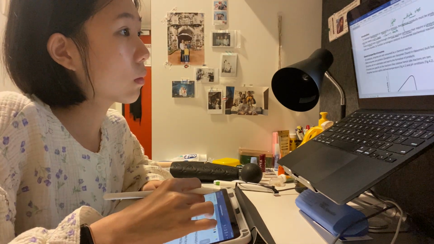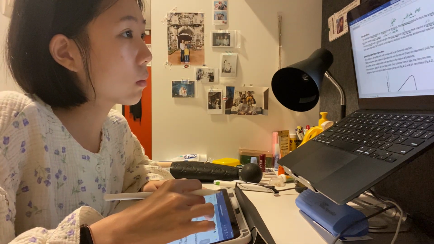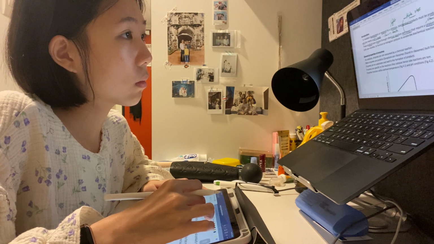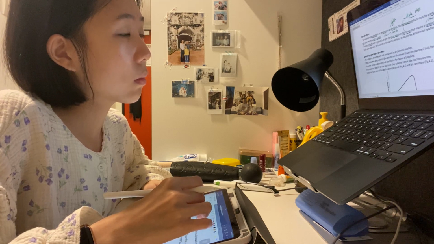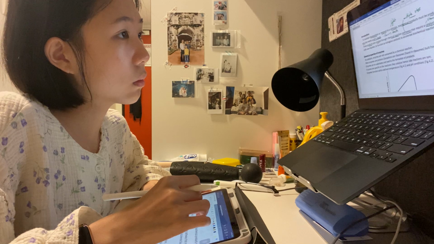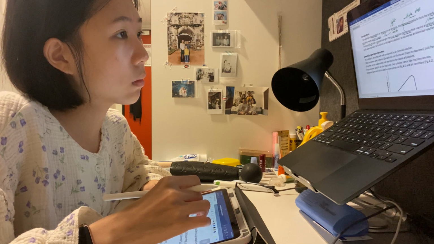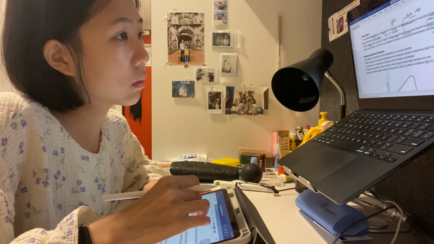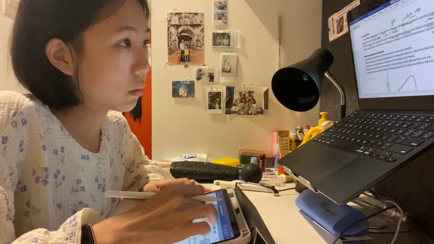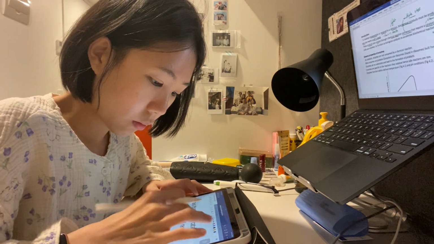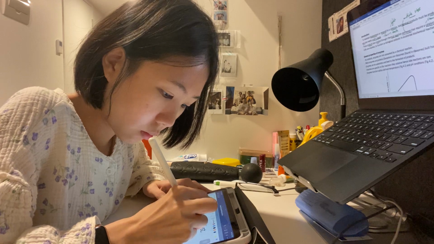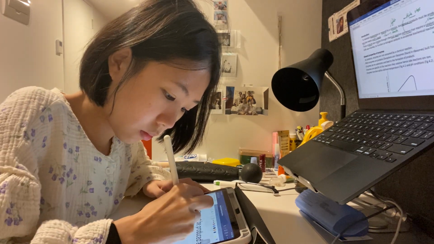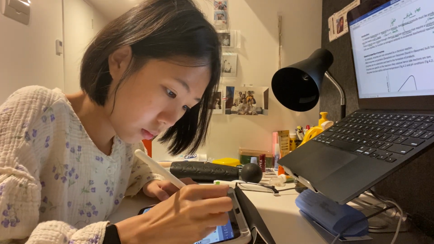Now, from a chemistry perspective, a catalyst is a chemical or a reagent that accelerates a reaction but is not consumed in the reaction. Okay? So it facilitates it or speeds it up, but doesn't get used up.